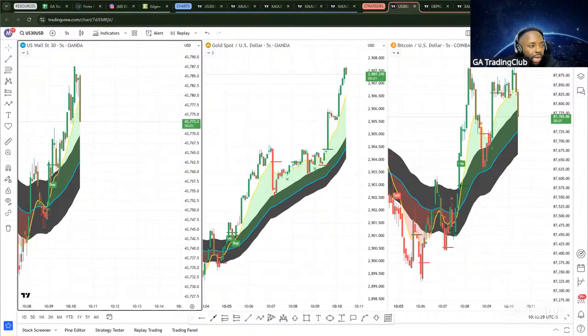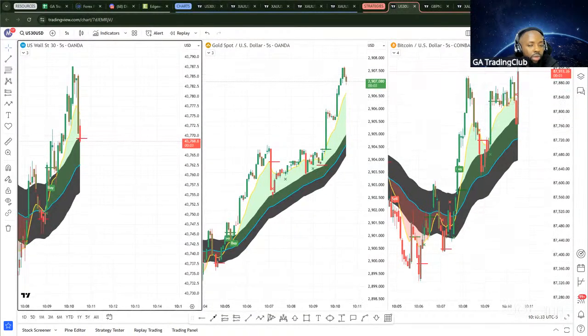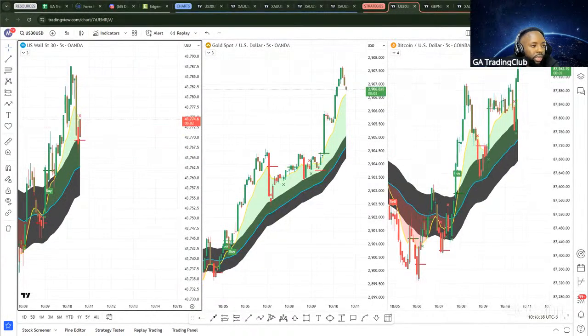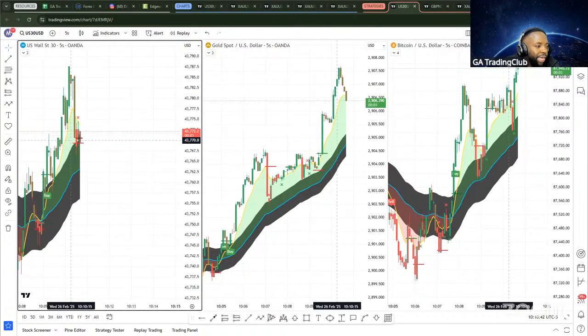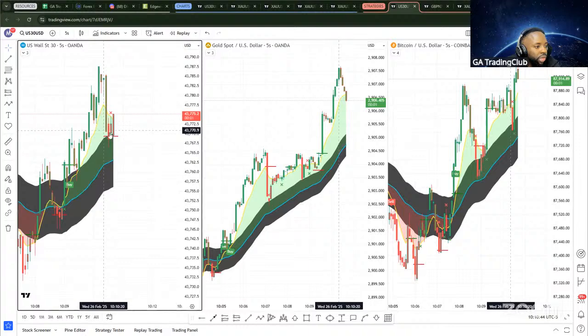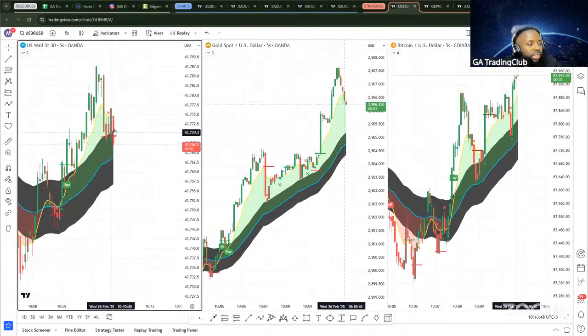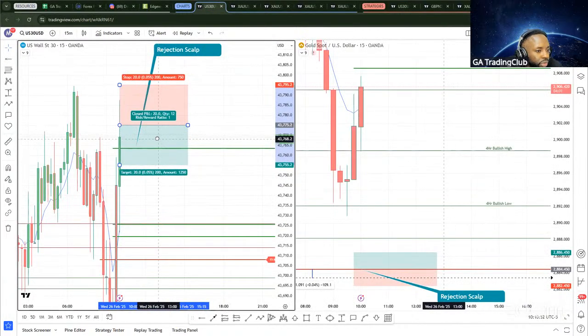Since I'm looking to test out the entries with the crossover, I'll be looking to take it. But again, you guys remember, this is not an official trade. It's more of back testing. I'm sorry, forward testing. So the crossover sell, the red X, took place there at 43,770. And I took it, so 43,770.